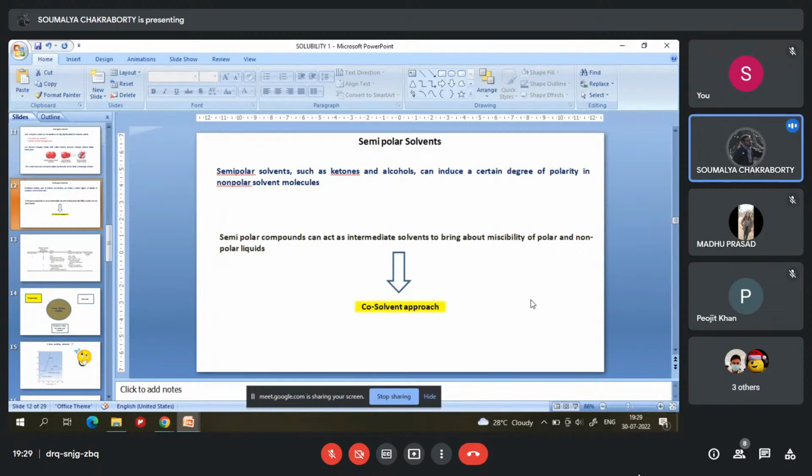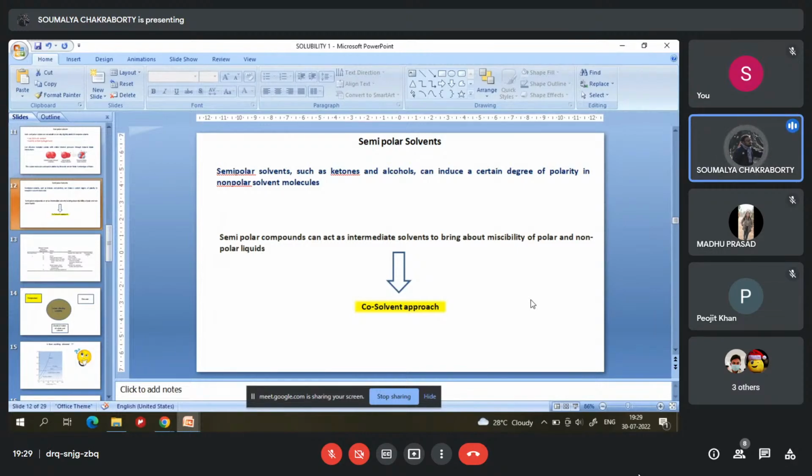Right. For example, you have a particular solute that is soluble in alcohol, but you want to solubilize it in water. So what you will do, you will add a little bit of alcohol in the water, and with the help of alcohol present in the water, you can dissolve a much larger amount of that solute in the resultant semi-polar solvent in comparison to the capacity of the polar solvent, that is water, to dissolve that particular solute.